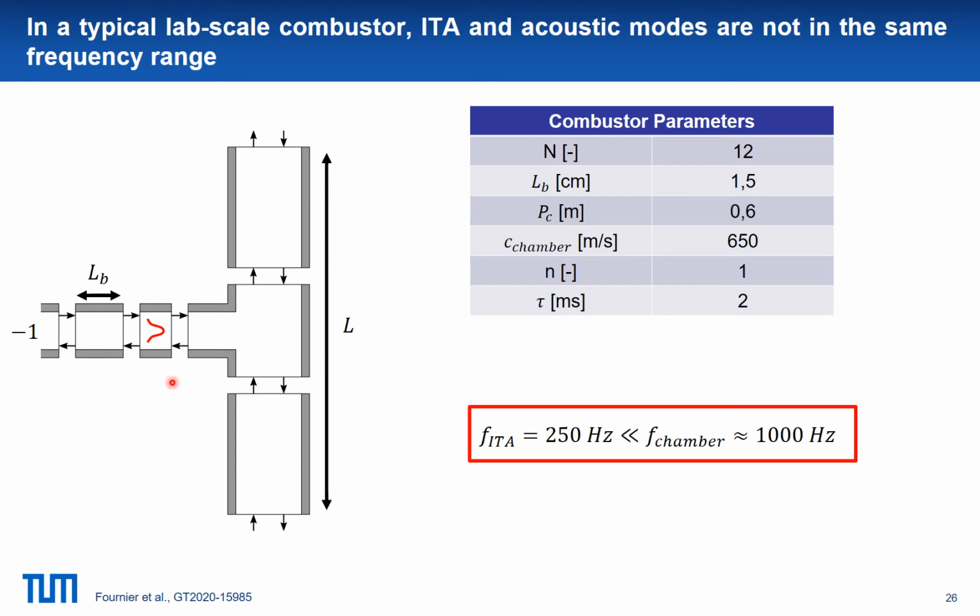We describe the flame with the classic n-tau model. With those parameters, the ITA frequency is at 250 Hz, whereas the first azimuthal chamber mode is around 1000 Hz, which means that those two modes are far away from each other.